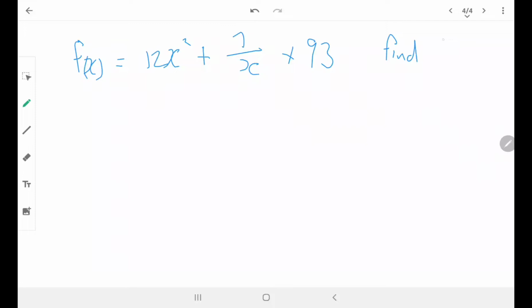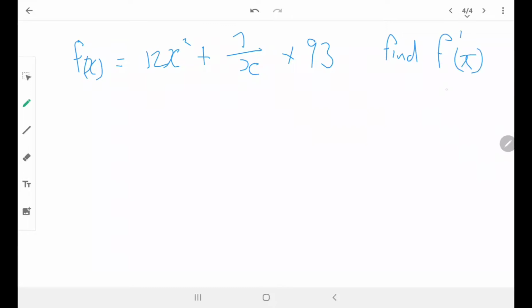So you might have it where they have something like this. f of x equals 12x squared plus 7 over x plus 93. Find f dash of x. So we've got that.